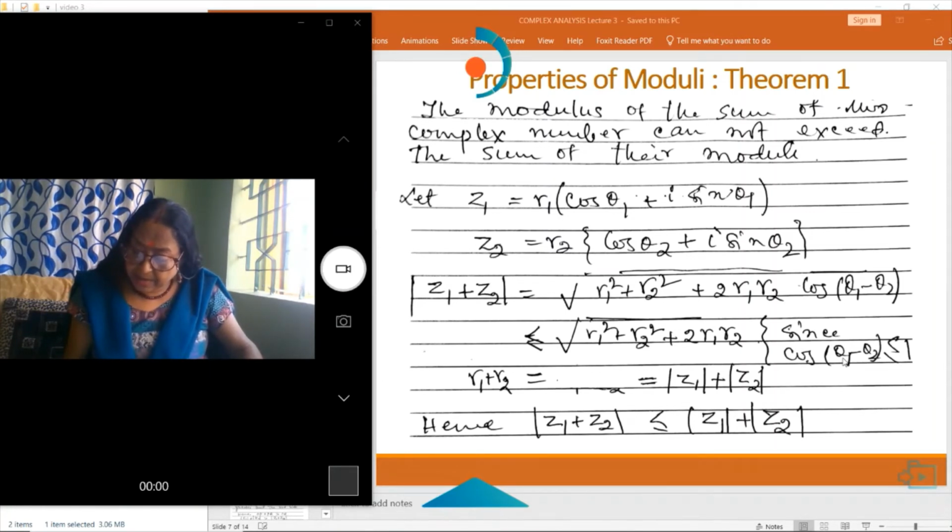That is, modulus of z1 plus z2 is less than or equal to modulus of z1 plus modulus of z2.